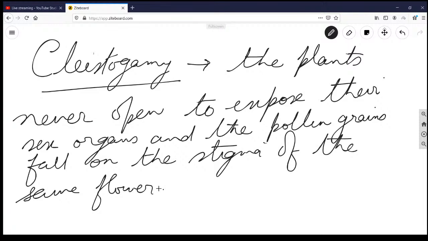Now cleistogamy is followed by, you can say, geocarpy in plants like groundnut.